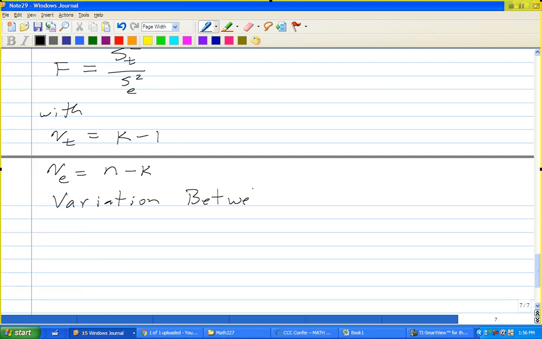The variation between, where am I? Variation between classes I want.